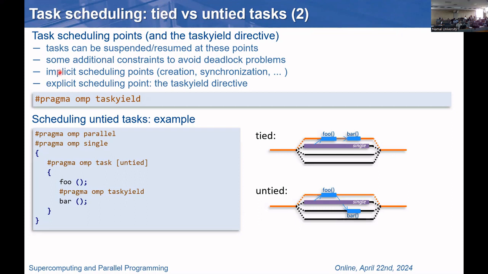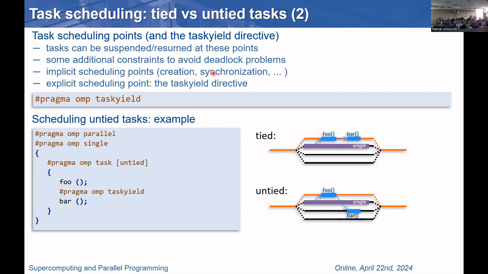But we have a set of implicit scheduling points, which is task creation. Task creation is a scheduling point, because at task creation the runtime can decide either to follow the code that was there or start executing the new task.